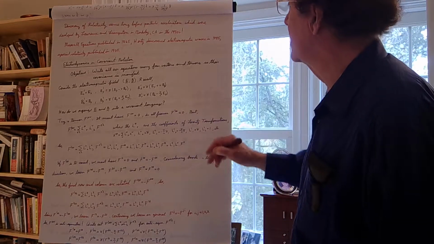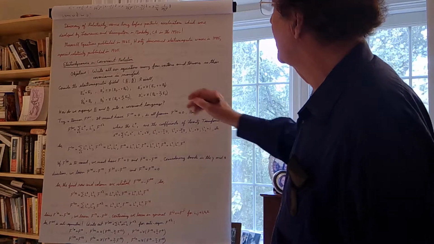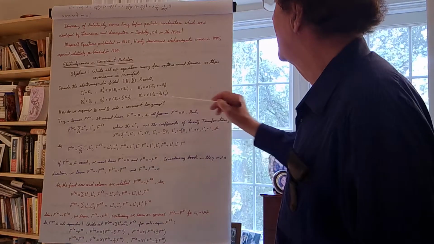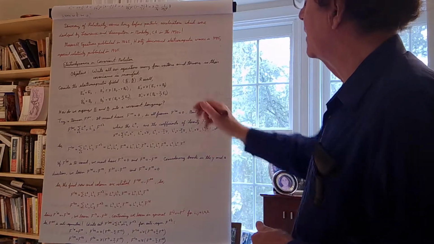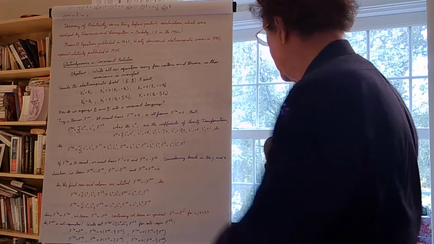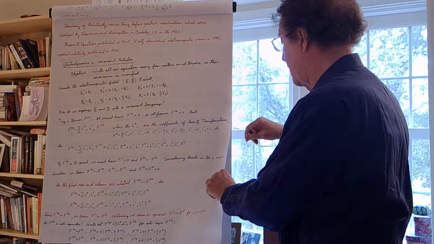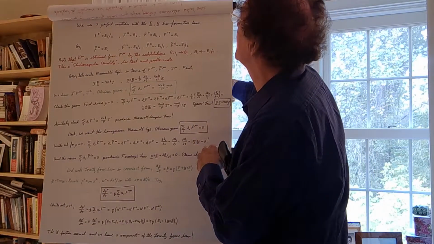I have to move some of the c's around and put them into F appropriately. But I see the factors of v and gamma are the same. I have a perfect match, so I can fit E's and B's into the anti-symmetric tensor, and that's what I want to do. I can do that in 2 different ways.